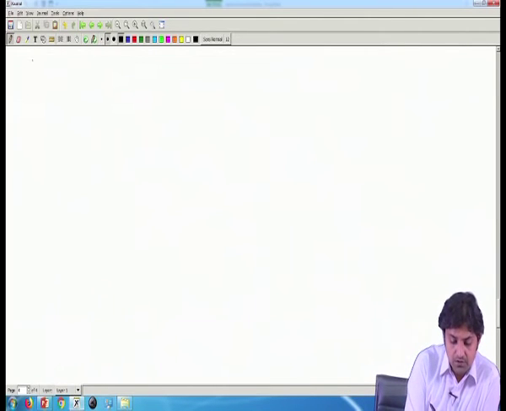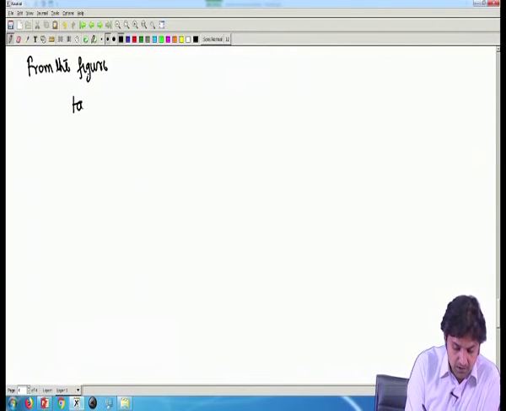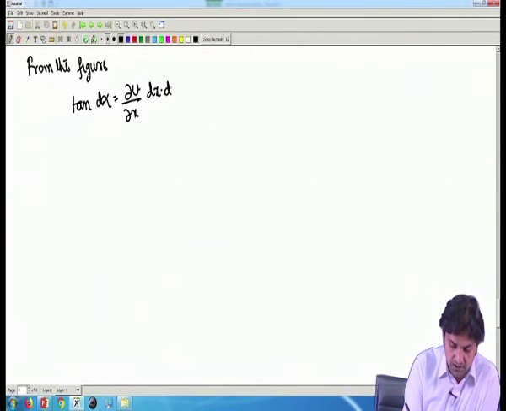Okay. So, we can see from the figure that I showed you, we can say tan d alpha is equal to del v del x into dx dt divided by dx plus del u del x dx dt.